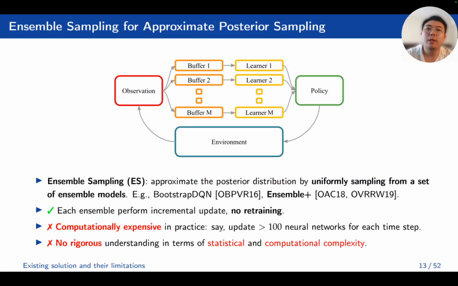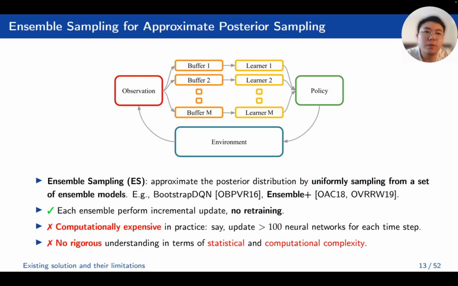There is an exceptional, interesting one that tries to tackle such a problem, called ensemble sampling. It maintains a set of plausible models, each one incrementally updated, and in each step or each episode one is uniformly sampled from the set of ensembles, and then it acts greedily according to the sampled model. So ensemble sampling basically inherits from the incremental update, and it wants to approximate some kind of posterior according to their claim.